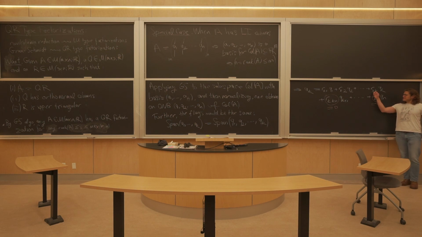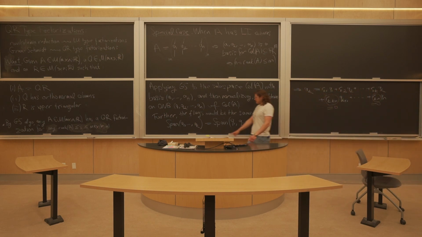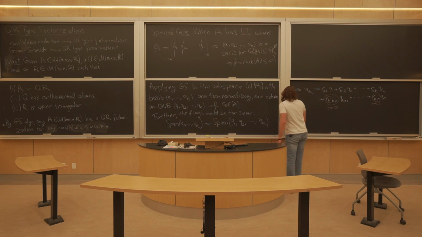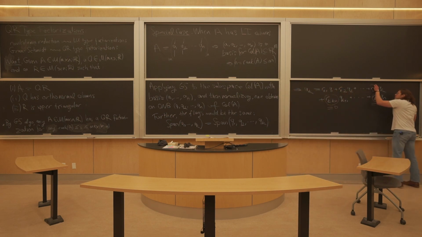And I know for sure that this last one is non-zero, because this is linearly independent. So this span has k dimensions, and so does this. I don't know what this number is, though, but I know that it is non-zero.